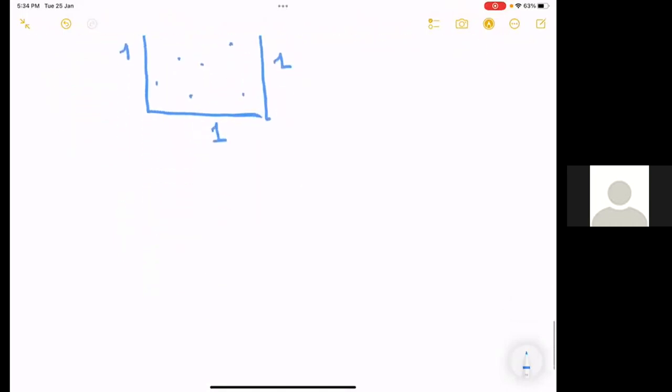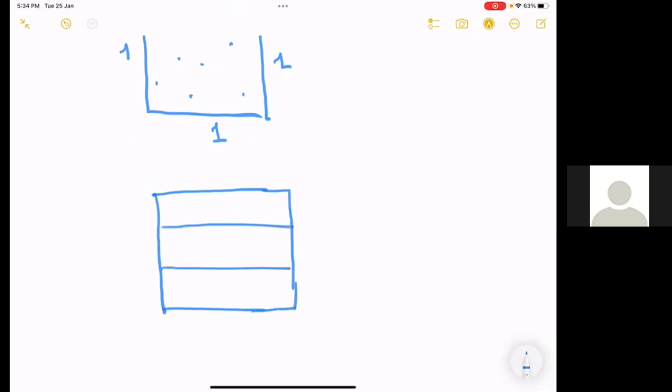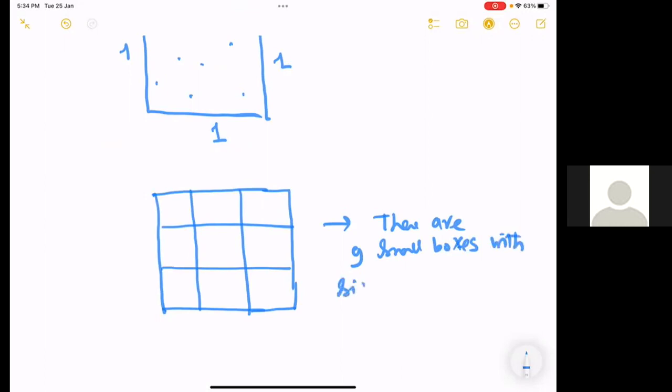Okay, so this is one way to attack this problem. So let's take the box and divide it. So there are 9 small boxes with side length 1/3.